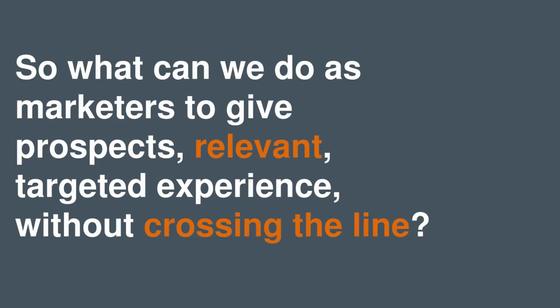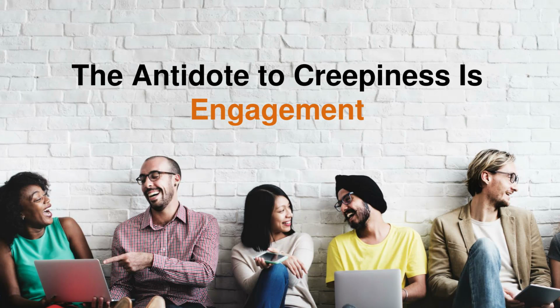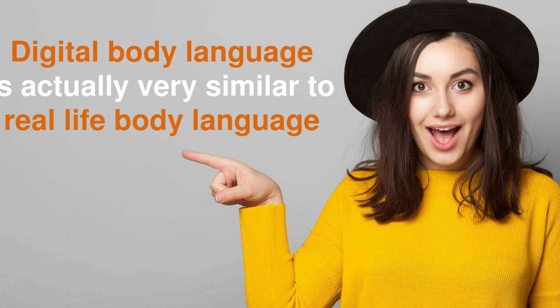So what can we do as marketers to give prospects a relevant targeted experience without crossing the line? The antidote to creepiness is engagement. And it's very easy. It's called digital body language, which is actually very similar to normal body language or real-life body language when you think about it.